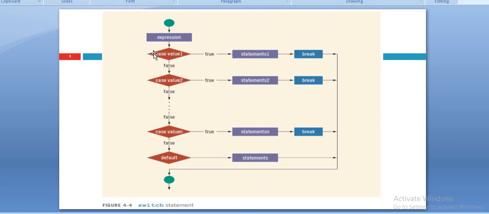The second is the case. It is once again a keyword. The third keyword is the break that cannot be used as the variables or the function declarations. And finally default, it is also a keyword that cannot be used for our purposes.